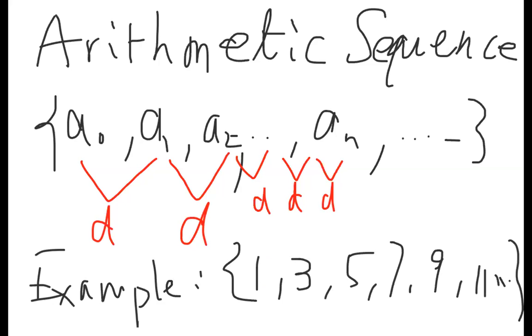You notice that the difference between 1 and 3 is 2. Between 3 and 5 is also 2. 5 and 7 is also 2. So this is an arithmetic sequence. Right? So to recognize whether or not you have an arithmetic sequence, you just look at the difference between each two terms and see if they are equal or not.